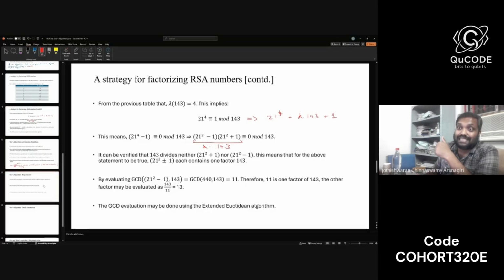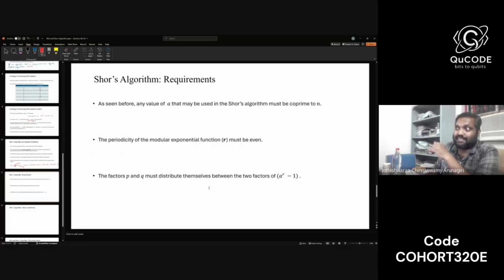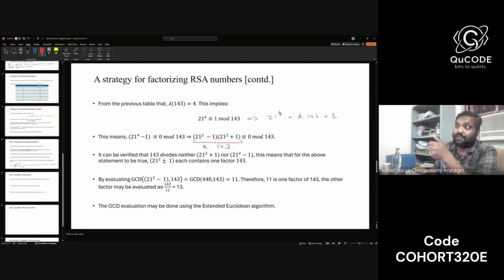So the second thing that is required is that the modular exponent r must be even. The value I obtain should be even. Only then can I do this split here.